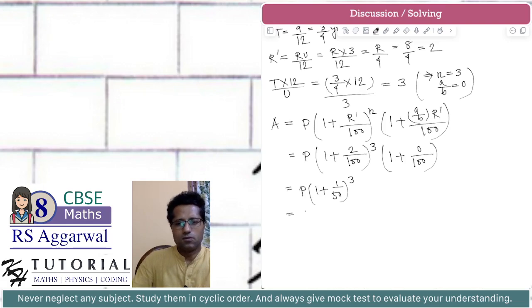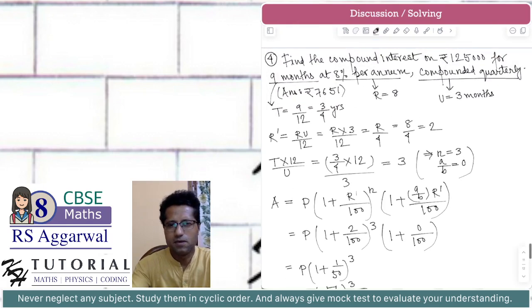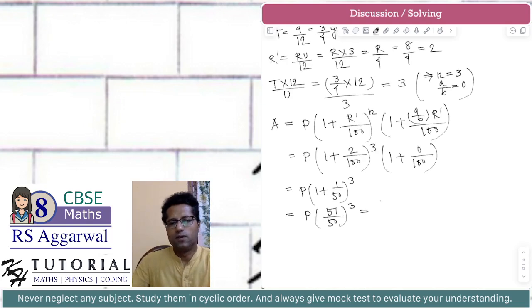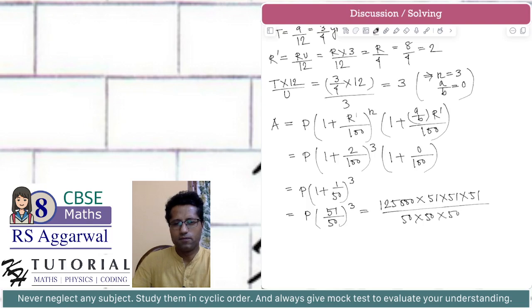This is equal to P times 51 by 50 cubed. What is P? P is given to be 12500. So 12500, and 51 by 50 cubed is 51 multiplied by 51 multiplied by 51 divided by 50 multiplied by 50 multiplied by 50.